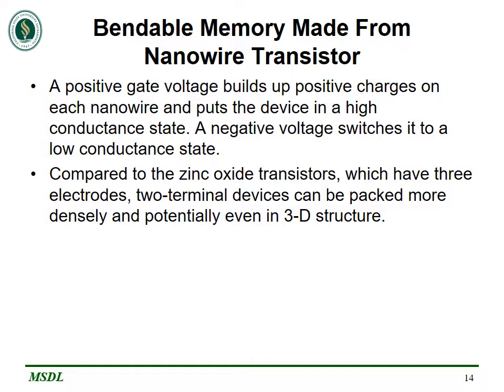Some groups have made flexible memory using organic material, as well as two-electrode devices based on thin films of titanium dioxide and graphene. Compared to the zinc oxide transistor, which has three electrodes, two-terminal devices can be packed more densely and potentially even in 3D structures.